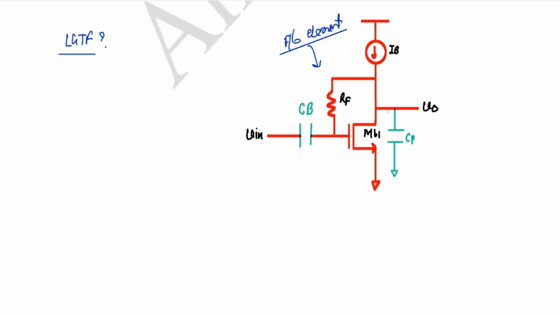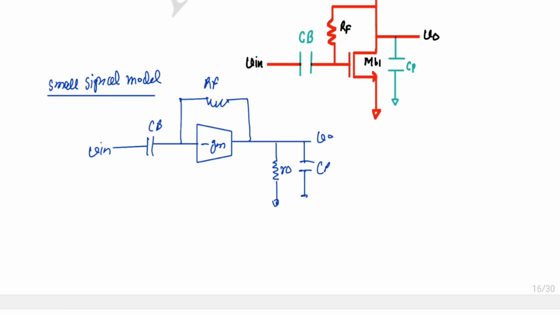So this is taking output and feeding it to the input. Now we will draw the loop gain model. Okay, so the loop gain model will be different from the closed loop model.